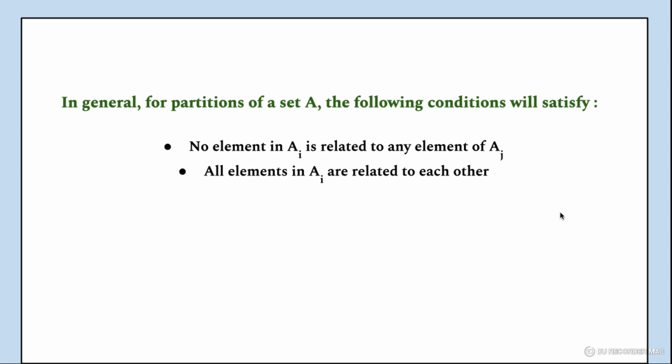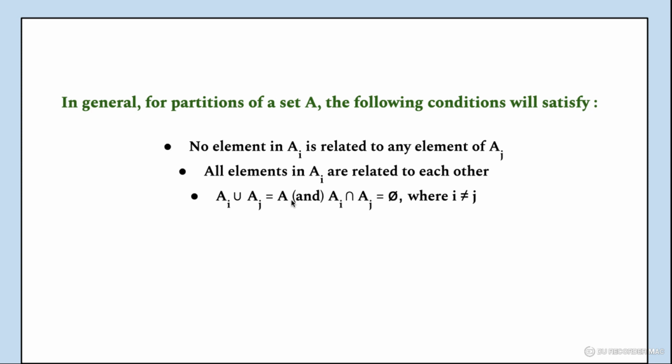Now, all elements in equivalence class I are related to each other. That we know, right? That is a common rule. So, for an equivalence class, all elements of the subset should be related to the element I in this case. And then equivalence class of I union equivalence class of J will be equal to the whole set A.